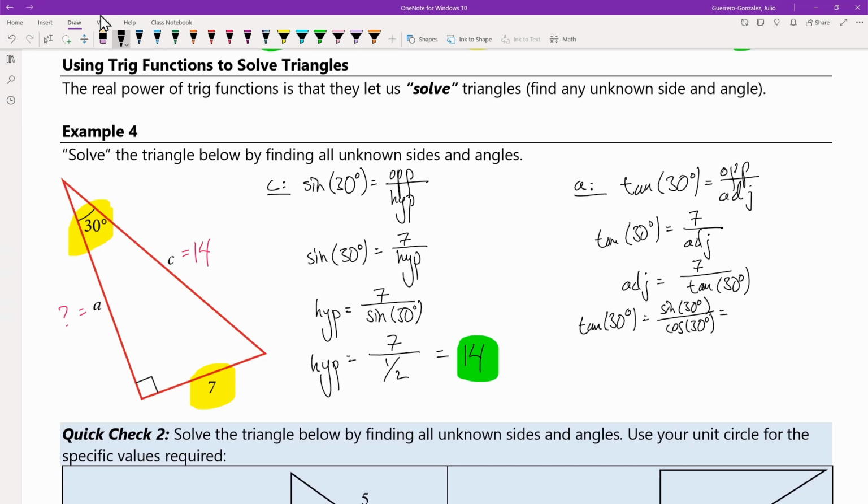So I can grab my x and my y from my unit circle and compute the thing out. Sine is going to be 1/2, and cosine is going to be √3/2. This is going to be equal to 1 over the square root of 3.